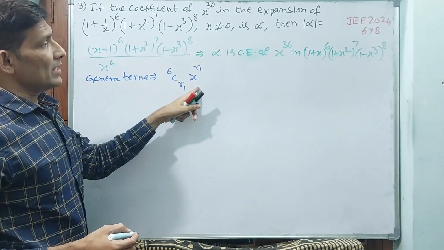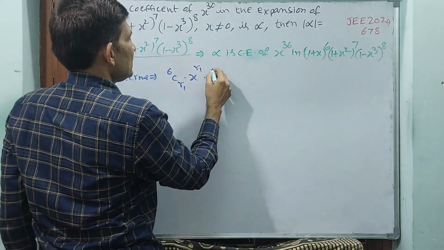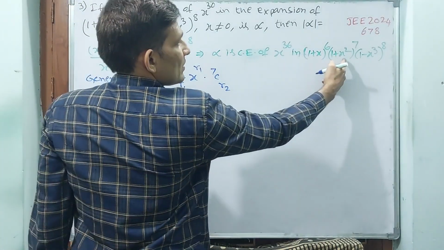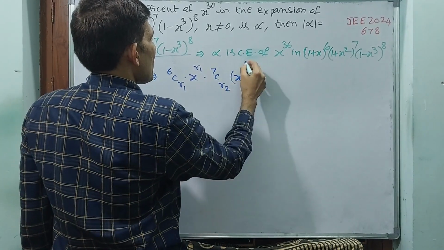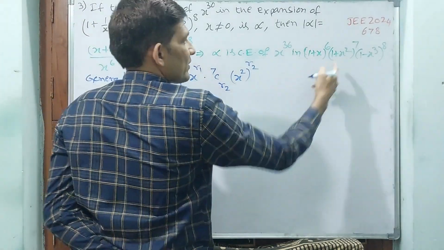Okay, this is the general term of this one. Next, 7C r2, (x^2)^r2. Okay, that is the general term for here.